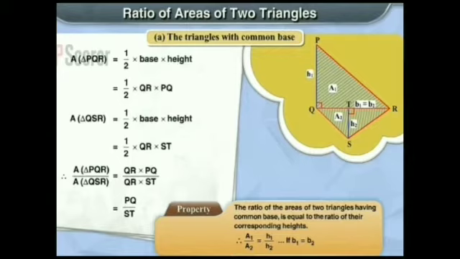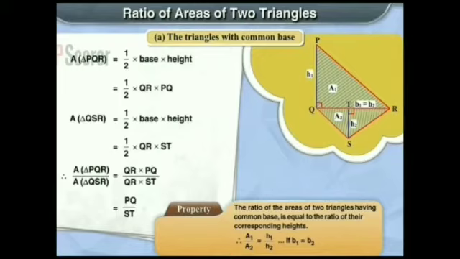You can see here we have two triangles, that is triangle PQR and triangle QSR. Using the formula of area of a triangle, we get area of triangle PQR is equal to half into base into height, which is equal to half into QR into PQ.